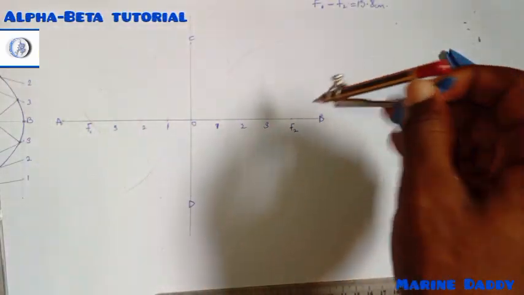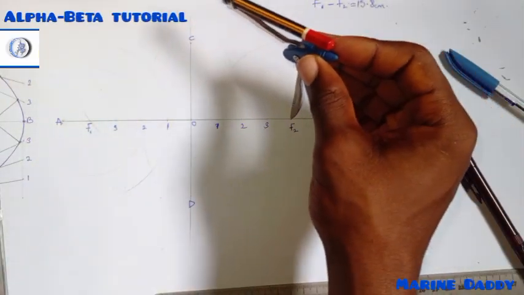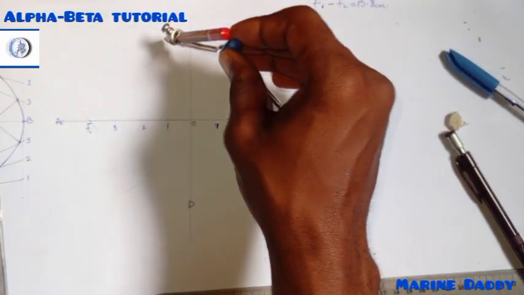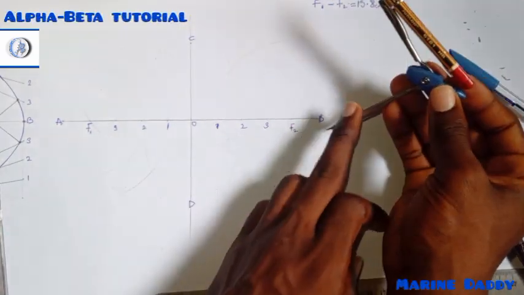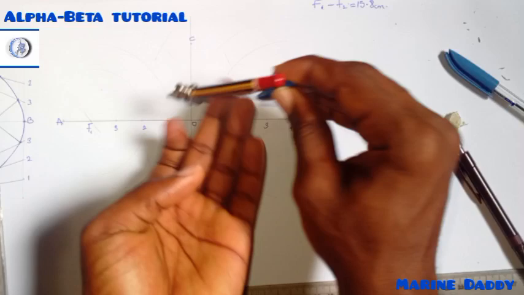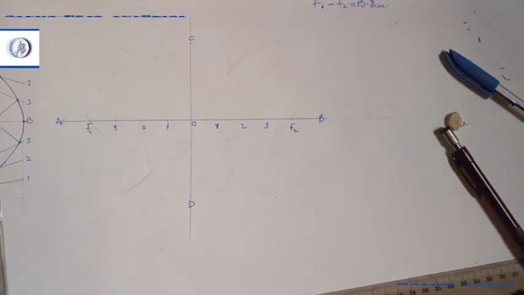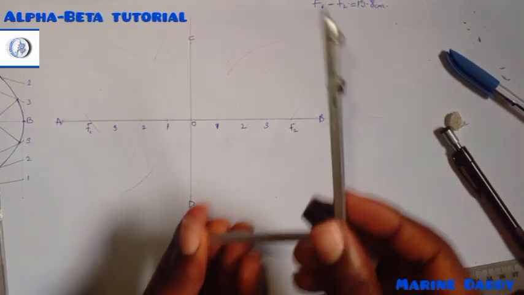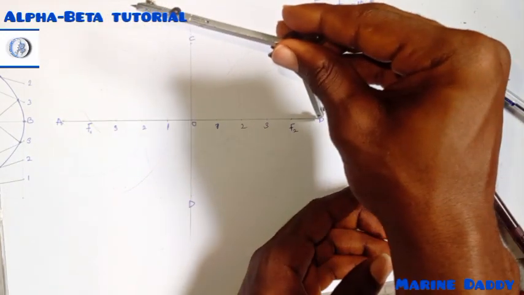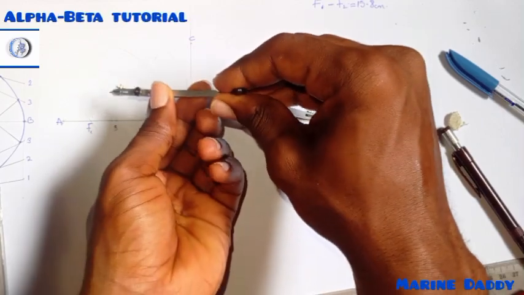Okay, now after doing that, you are taking B to 2 now. You are taking B to 2 next. So I'm opening my compass. B to 2.